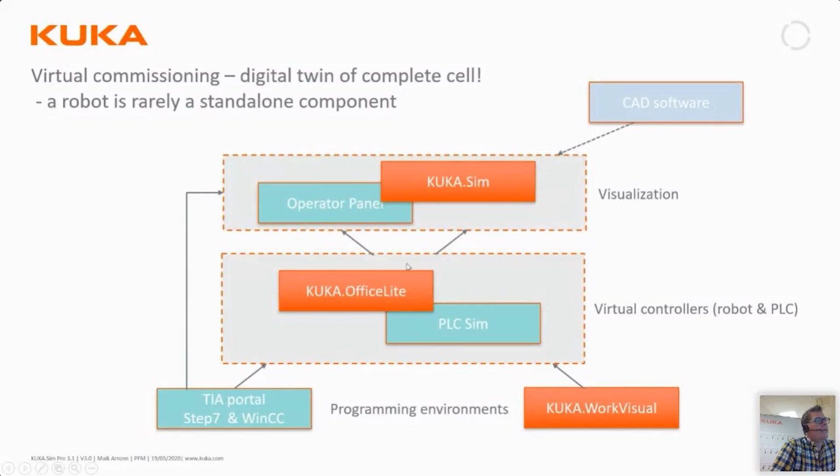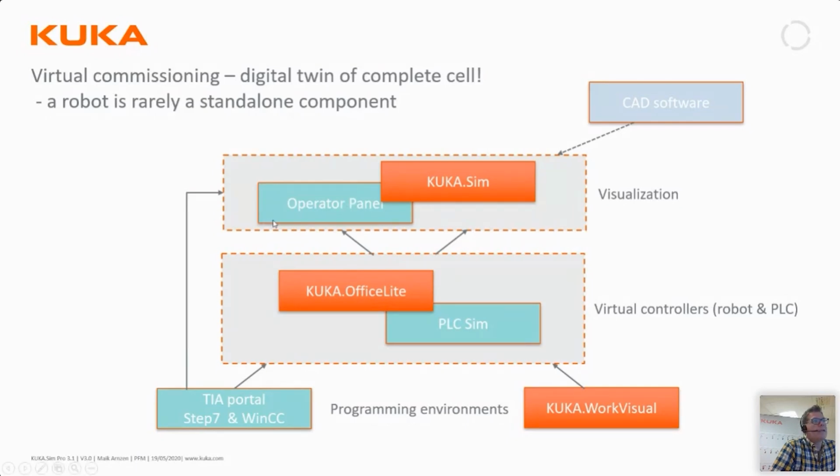And we could then use our virtual robot controller, KUKA OfficeLite, which comes together with KUKA.Sim, to create the virtual cell controllers, both for robot and PLCs. To this, I then need the visualization to show the result of my simulation.